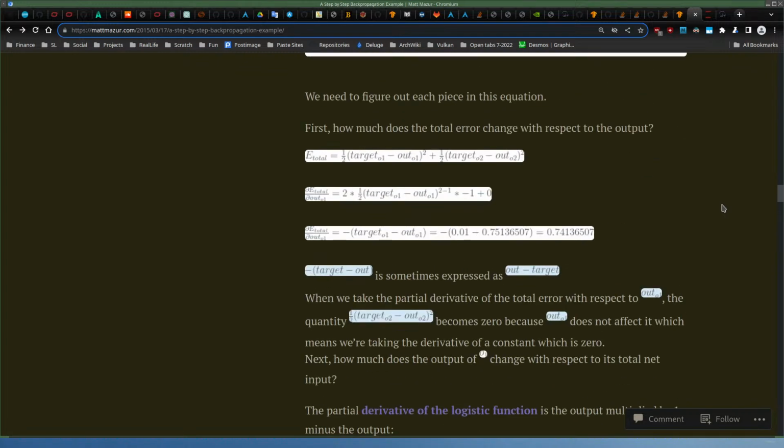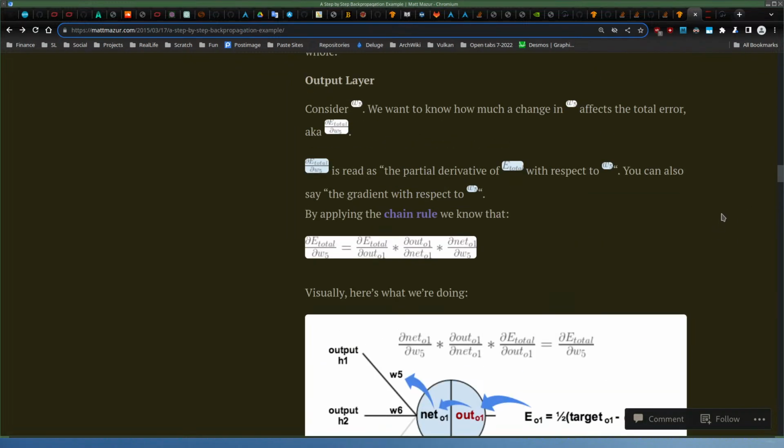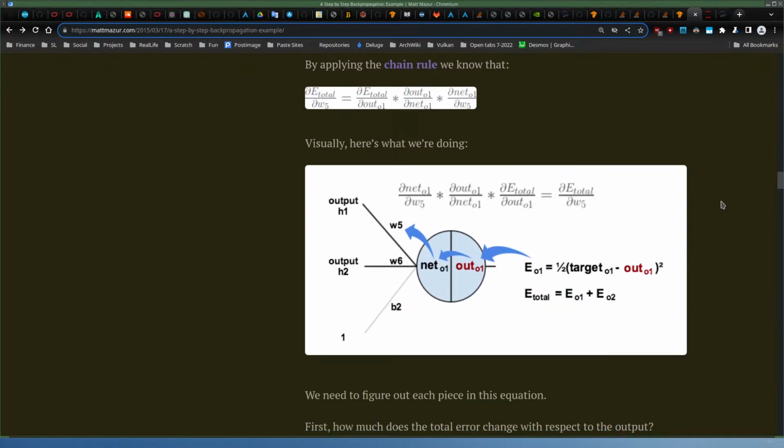I'm going to look for what out O1 is. There's an out O1 already. It's just the output. What are they talking about? I mean, O1 is already an output. Oh, they have split this thing in two.